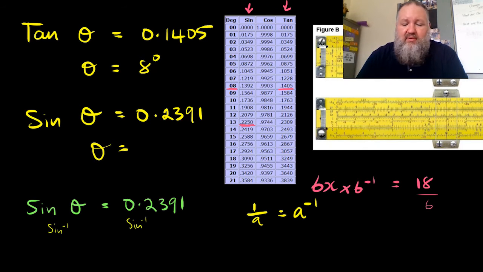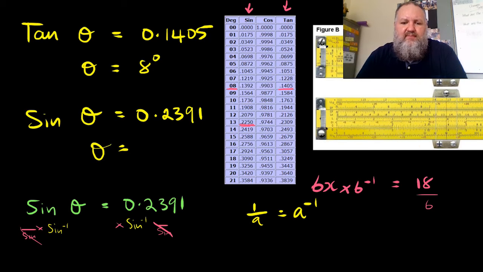Well, we multiply both sides by sine to the -1. It really kind of is like dividing by sine on both sides, but we don't want to divide by sine on both sides because you can't actually do a number divided by sine on your calculator, because that doesn't make any sense. It's got to be sine of something. So what we do is we don't do this bit, we actually multiply by sine to the -1.